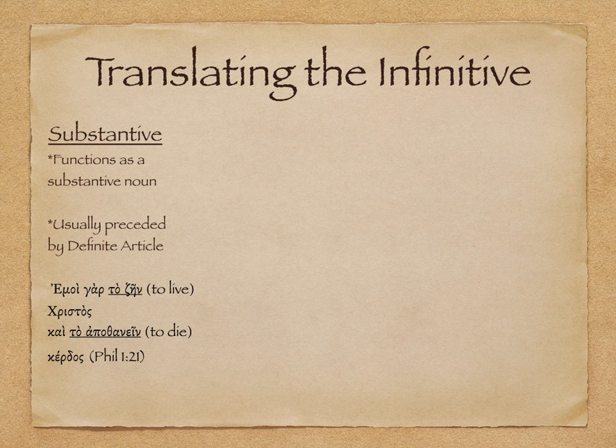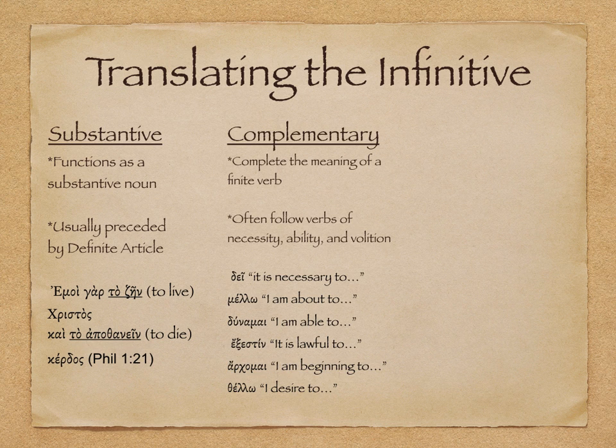Here, to zein, that to, remember, can be nominative or accusative in its form. Here it is, yes, it's nominative. It's functioning as the subject, and there's a verb of being supplied. To live is Christ. To die is gain. Same with to apothanein. So these are substantive infinitives.